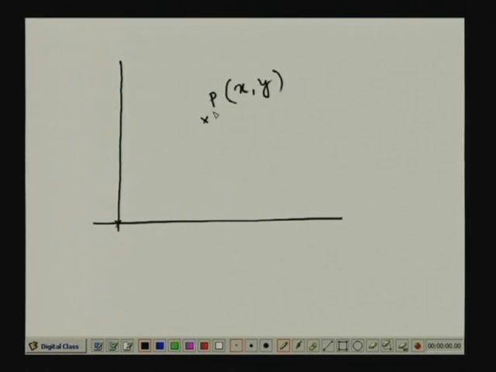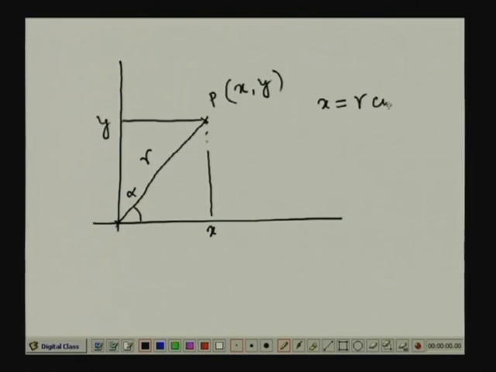One way of representing this point P is, if r is the distance of point P from the origin, then these are the coordinates of the point P. This is the x coordinate, this is the y coordinate. Suppose this angle is alpha, then I can represent x as r cosine alpha and y as r sin alpha.